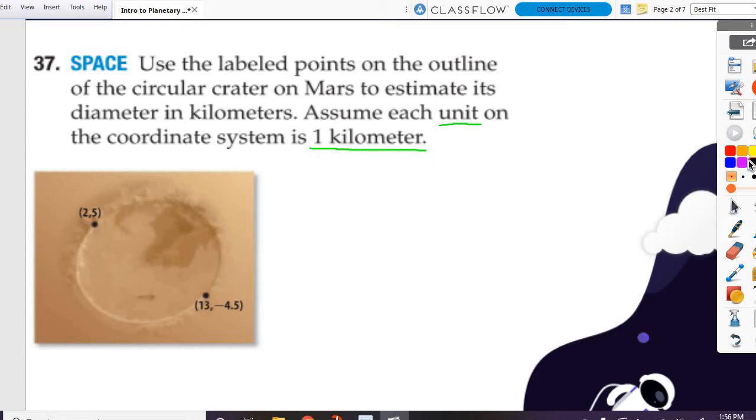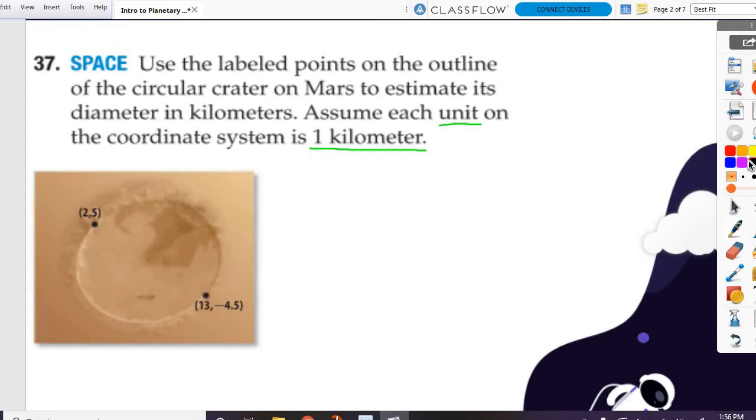Now, when we're doing our spatial project, we're talking about traveling in space, and so we're going very, very far distances. So when we create our units, you're probably going to want to make it thousands of kilometers to be your unit. Otherwise, you're going to start getting really, really large numbers.